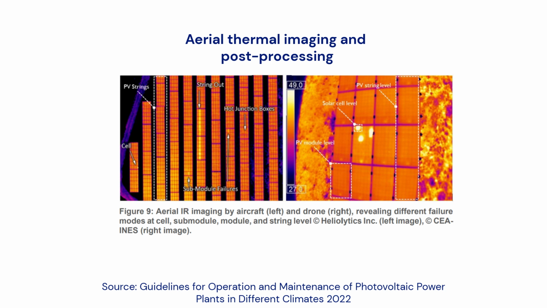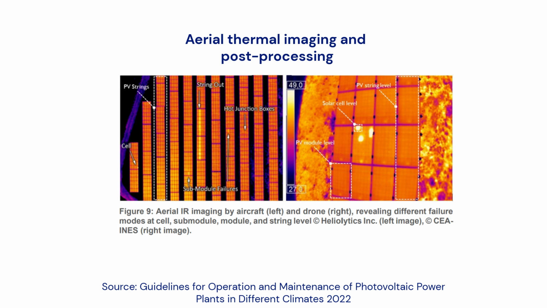Most service providers also emphasize the fast return on investment of aerial inspections. This is mainly due to a reduction in preventive operation and maintenance costs of more than 10% compared to manual or ground-based inspections, as well as the recovery of about 1 to 2% of lost PV power capacity. That said, the equipment and inspection approaches vary across providers.